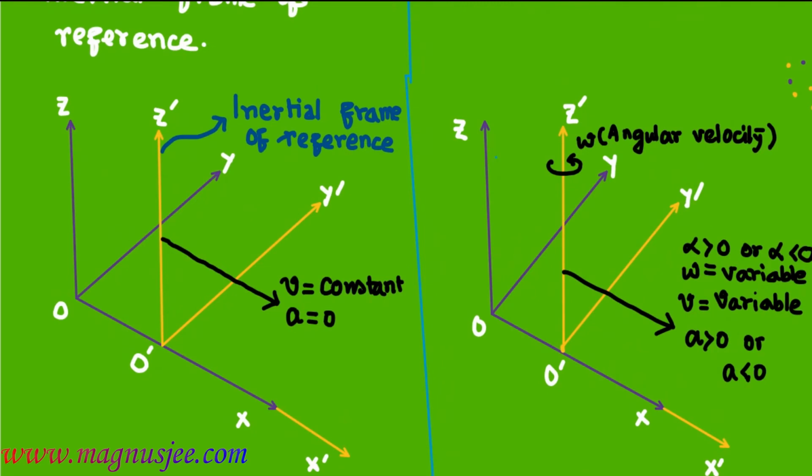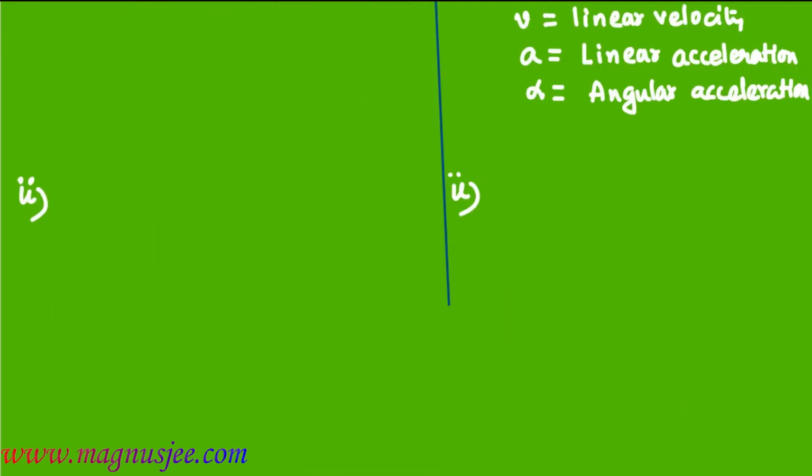Now, the new set of axes, which is denoted by yellow color, is non-inertial frame of reference, which is moving with certain acceleration a, variable velocity v, which spins with certain angular velocity omega and certain angular acceleration alpha. This is number one.